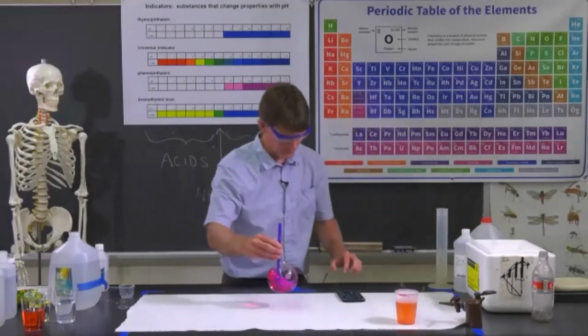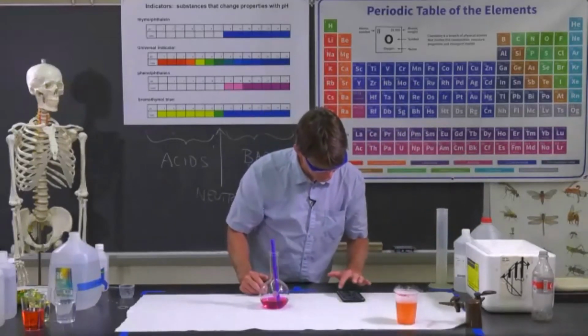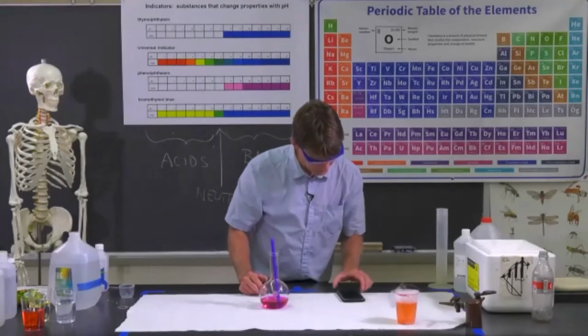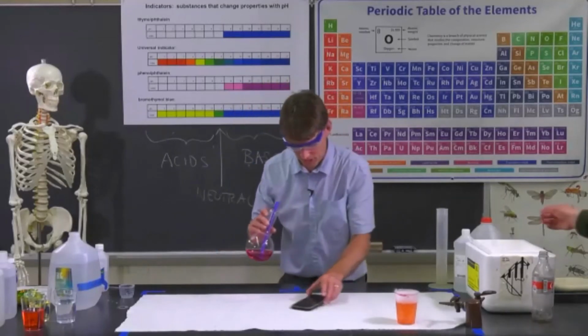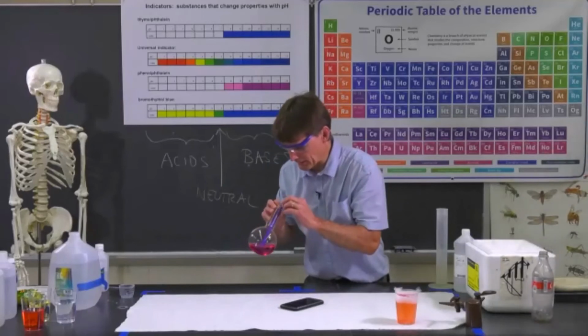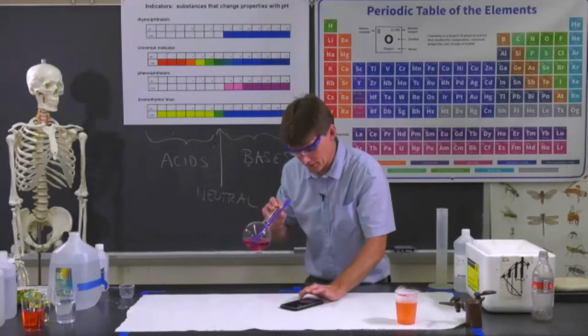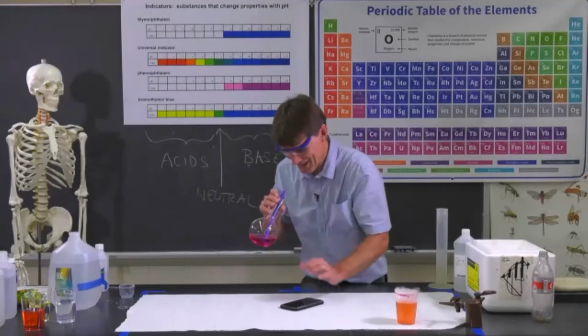All right, here we go. Get my stopwatch. Oh, that's my calculator. There we go. Stopwatch. Let's see how long it takes. On your mark. You got your stopwatch ready? Get set. Go.